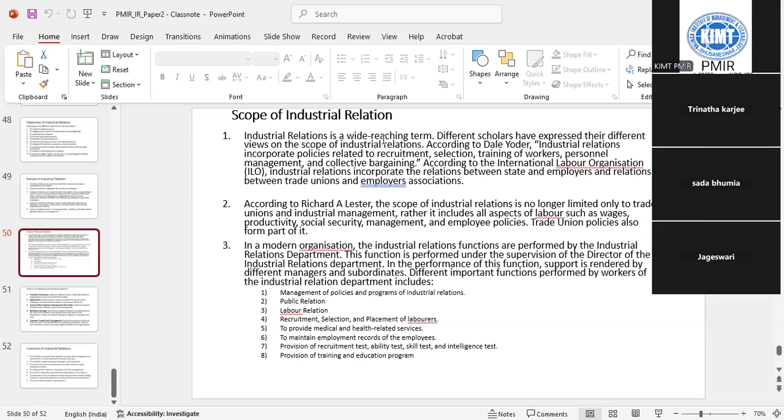That relationship is a wide-ranging term. Different scholars have expressed their different views on the scope of industrial relations. According to Taylor, industrial relationship incorporates policies related to recruitment, selection, training. All these things are coming in the industry.